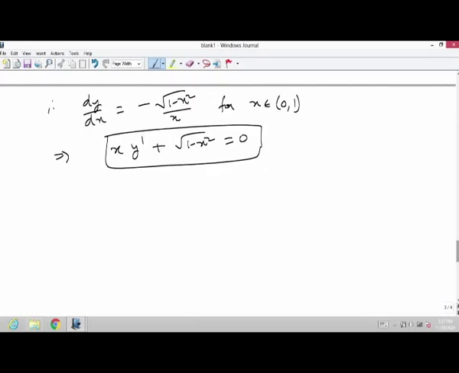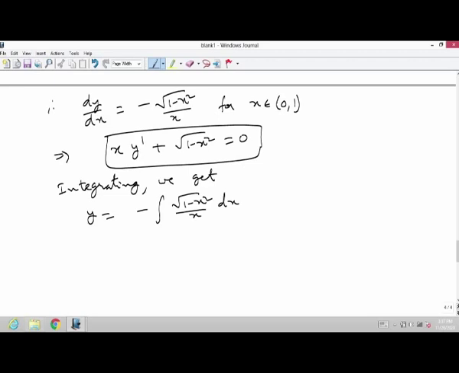So, now we have dy/dx is equal to minus square root of 1 minus x square by x. So, by integrating we get y is equal to minus integral of square root of 1 minus x square by x dx, and this integral is easy to evaluate.